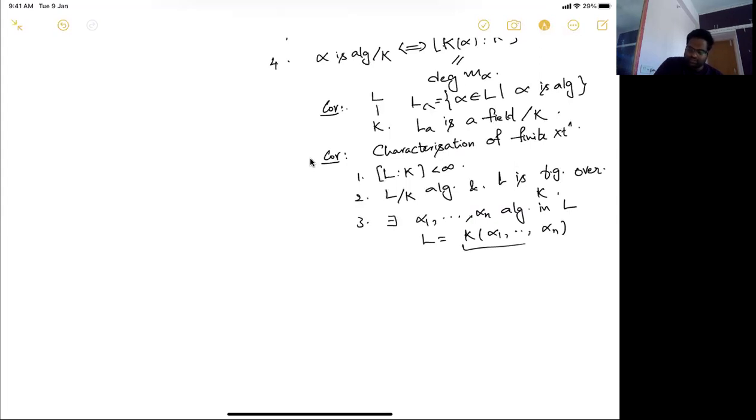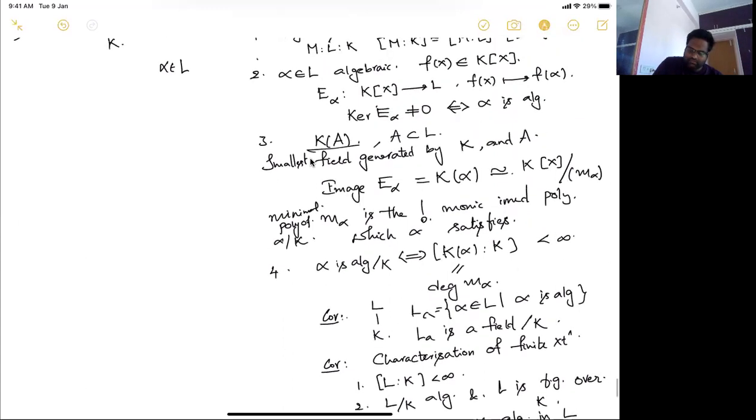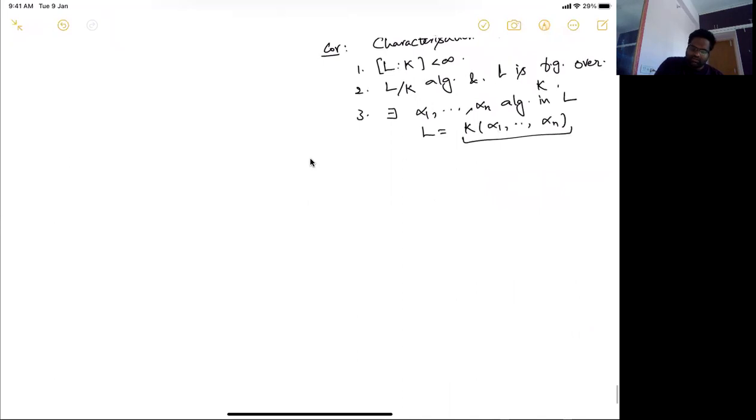And as a corollary, if M over L is algebraic and L over K is algebraic, then M over K is also algebraic.